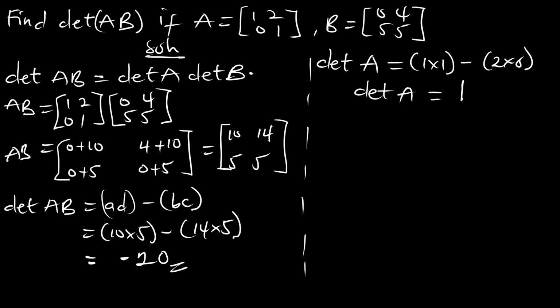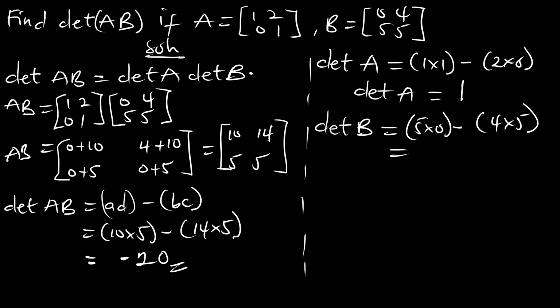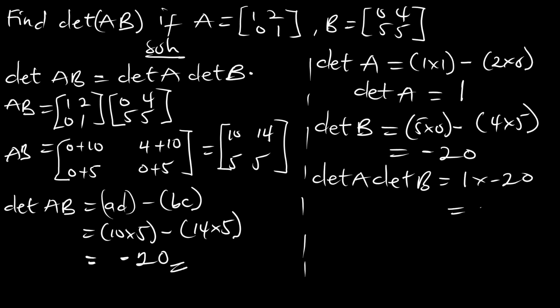Let's find delta of matrix B, which is major diagonal minus, so this will be 5 by 0 minus 4 by 5. This will run to 0, giving us negative 20. So the product of delta A, delta B is going to be 1 by negative 20, and that is negative 20. So you can see that delta of A multiplying delta of B is the same as that.